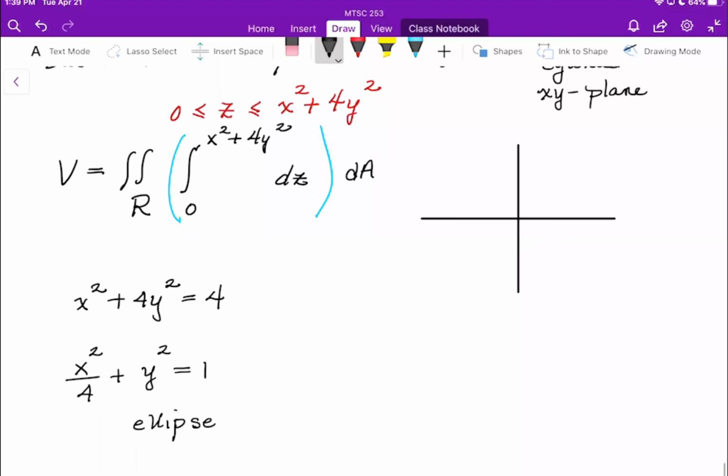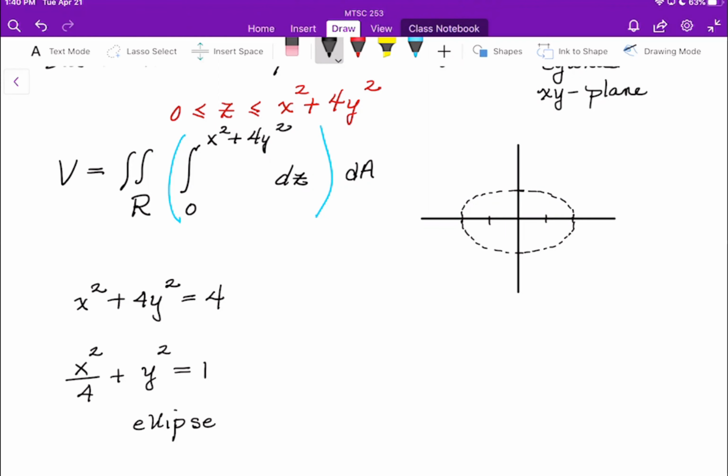So our ellipse, well, x goes over to 2, and y goes up 1. So our ellipse looks like this. And you know, there really is no easy way to find the integral over an ellipse.